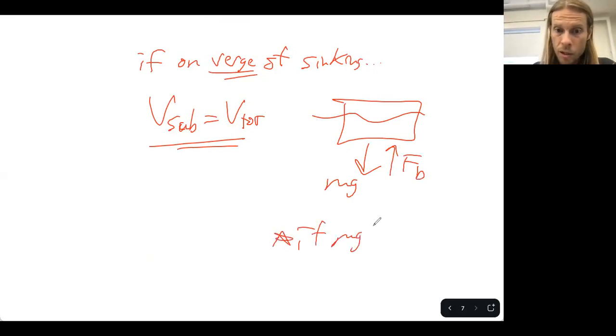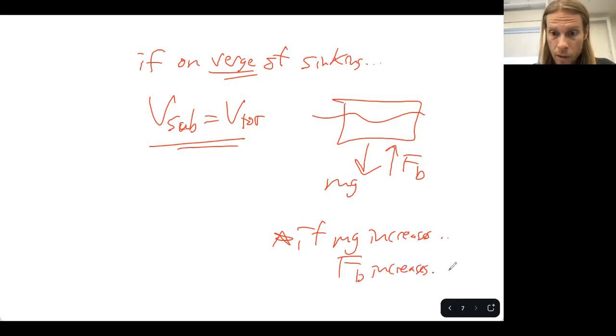If mg increases, I'll write it out, FB increases, which means V sub had to increase. This is the chain of logic.